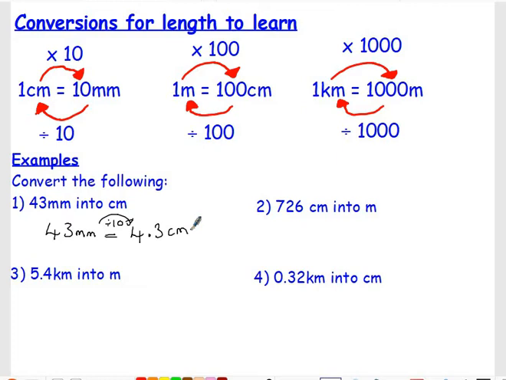Number 2 then, 726 centimetres into metres. So 726 centimetres. Well, to get our answer to metres, this time we're dividing by 100.